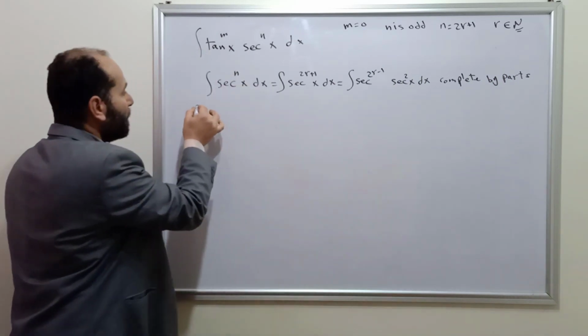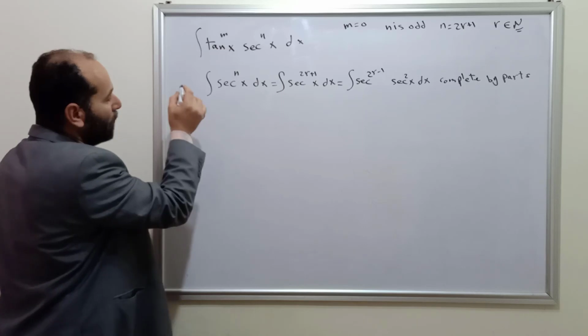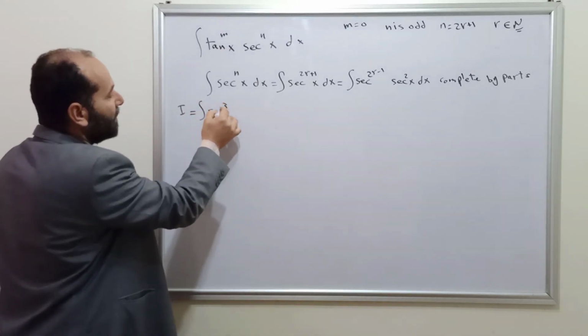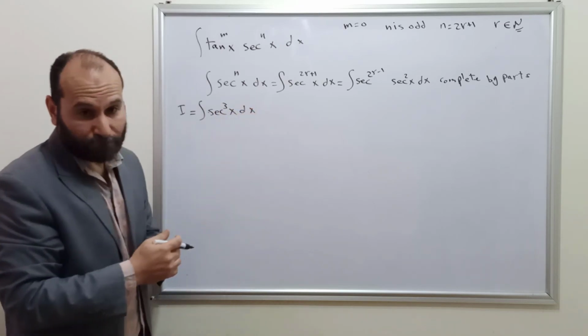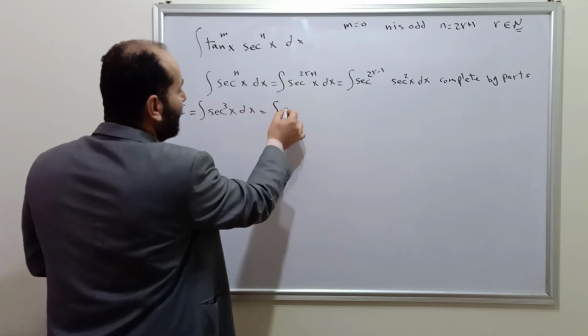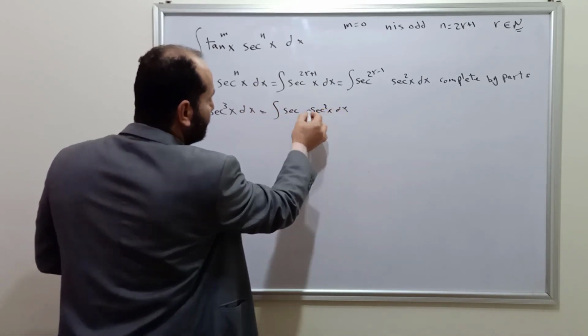As an example, if we want to find I equals the integral of sec^3 x dx, we write it as the integral of sec x times sec squared x dx.